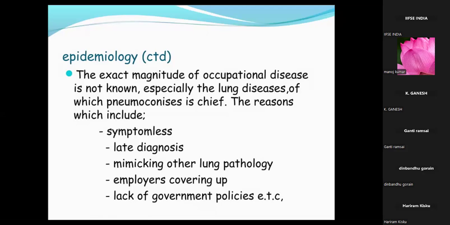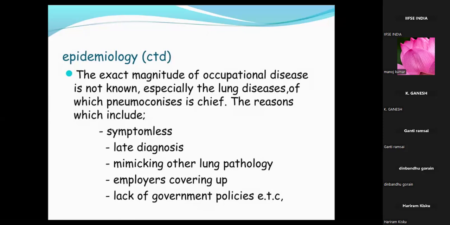Then there is late diagnosis. Even if a person comes to know that he is suffering from this kind of lung disease, he may not afford the diagnosis, or the diagnostic center may not have enough professional people to identify that this is an occupational disease mimicking other lung pathology.